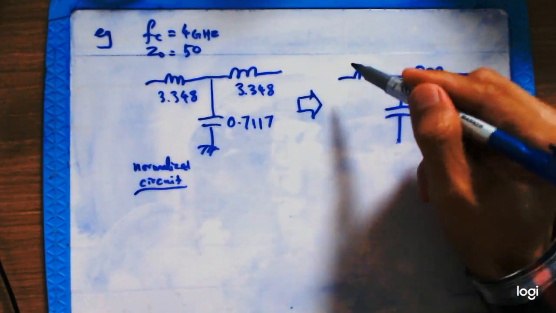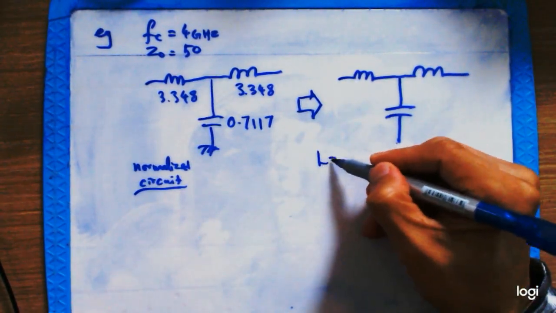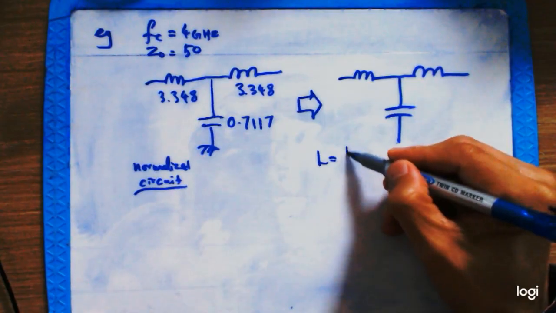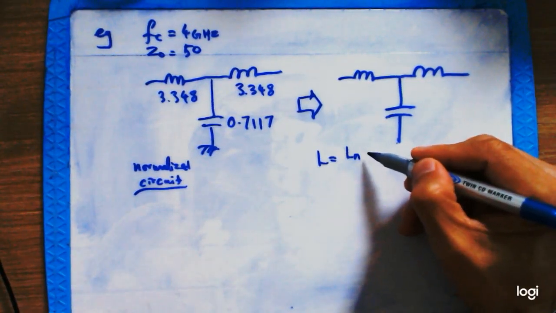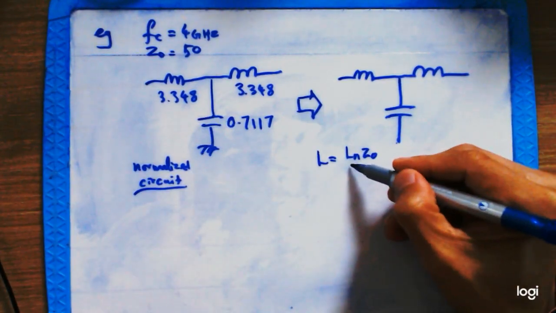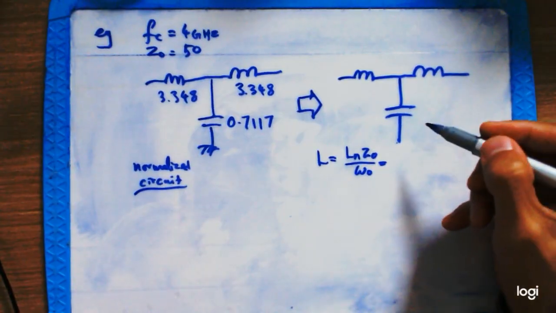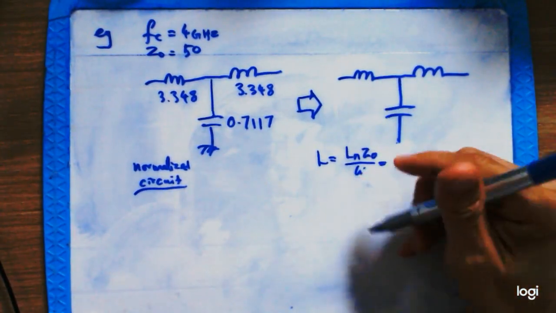Here you will need L equals the normalized value times the characteristic impedance divided by omega naught, the cutoff frequency.